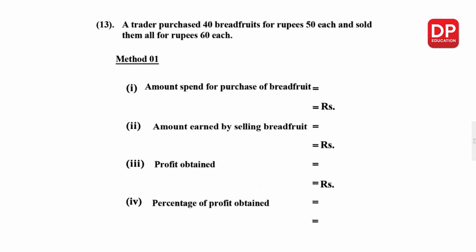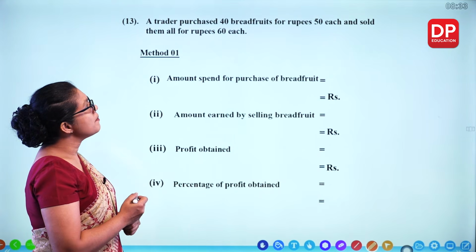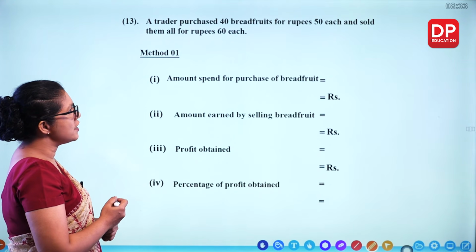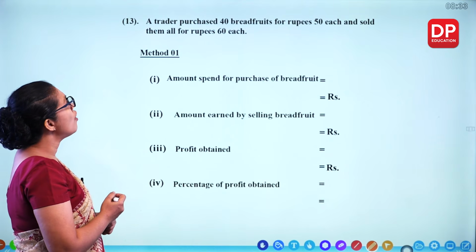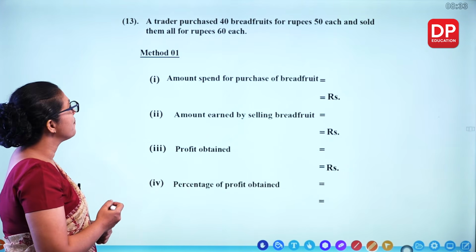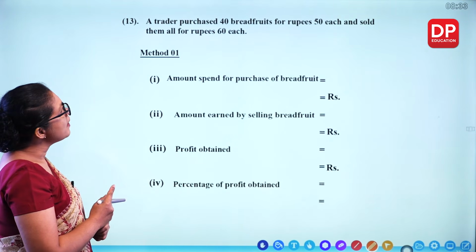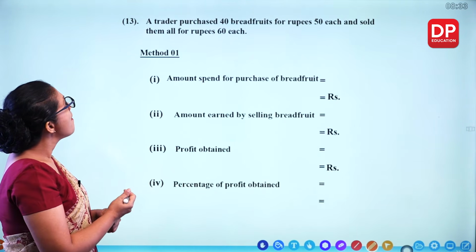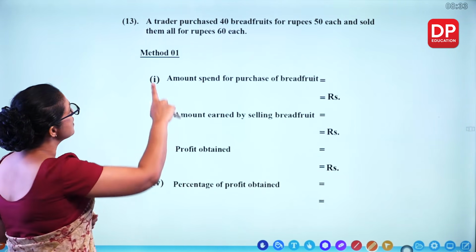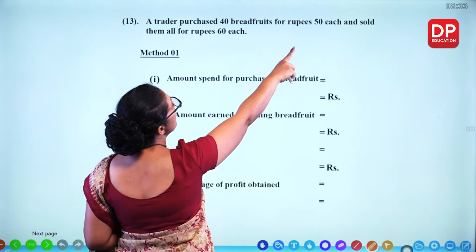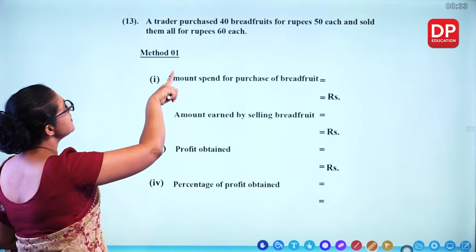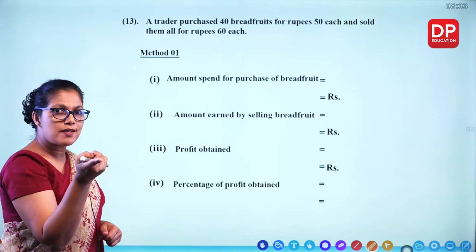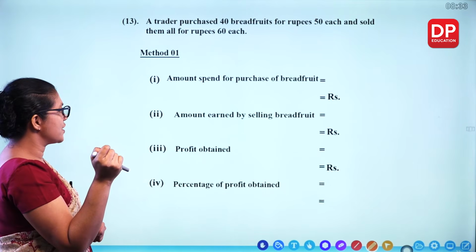Look at this one. A trader purchased 40 breadfruits for 50 rupees each and sold them for 60 each. Now we can use two different methods to find out the loss or profit here. This is a 50 buying price and then a 60 selling price, meaning this is a profit.